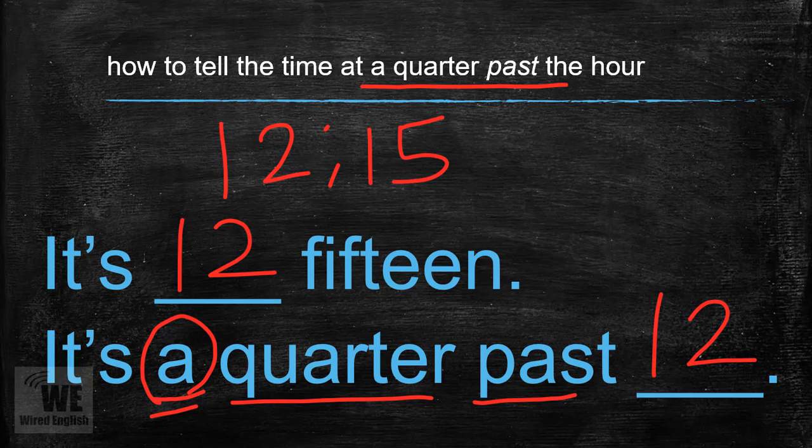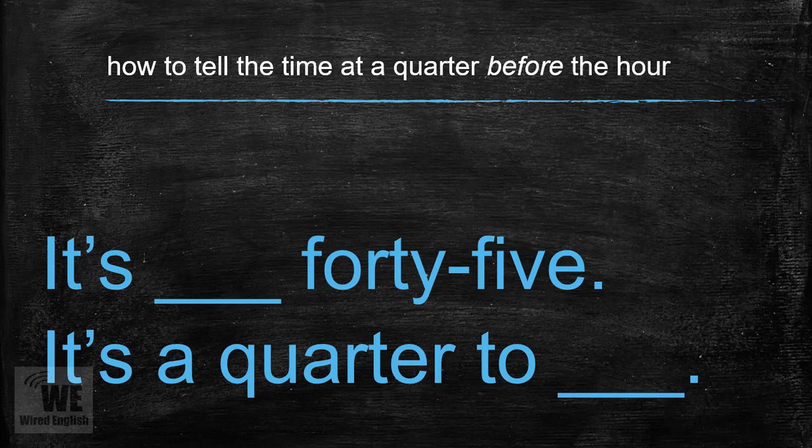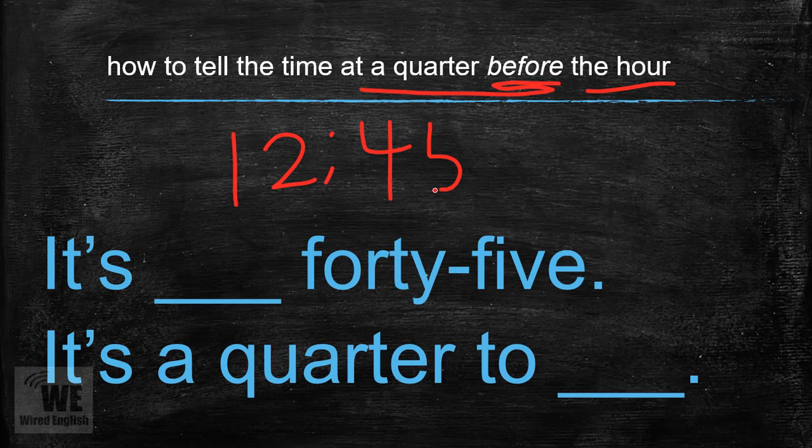All right. Next, how do we tell time at a quarter before the hour? So this gets a little tricky, a little more confusing, and I'll show you why. So for example, if we have 12:45, the easy way to say it is it's 12:45, okay?